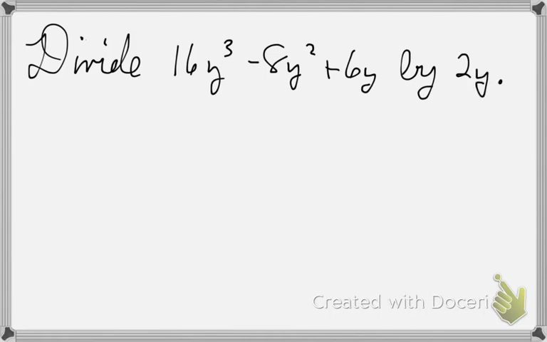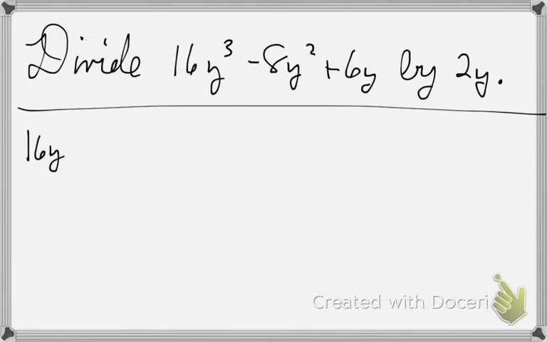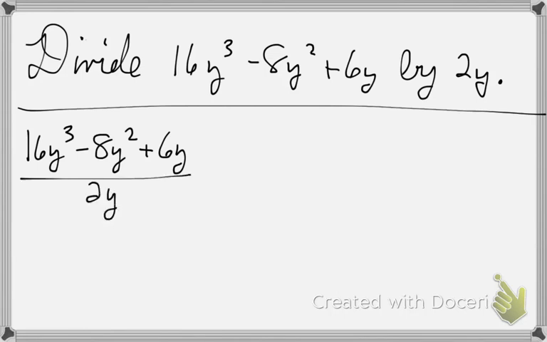They're asking us to take one polynomial divided by another. But that second one is a monomial, right? 2y is just one term. It's a monomial. So this is the question, we would set it up 16y cubed minus 8y squared plus 6y all divided by 2y. Right?